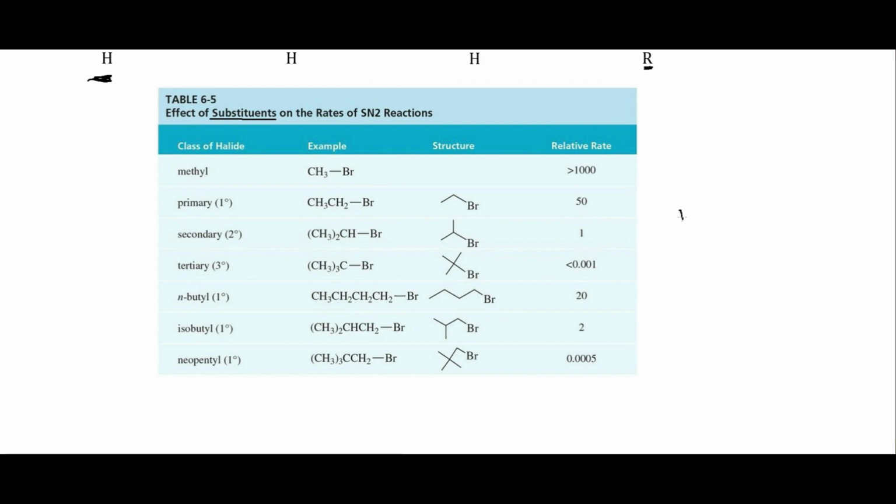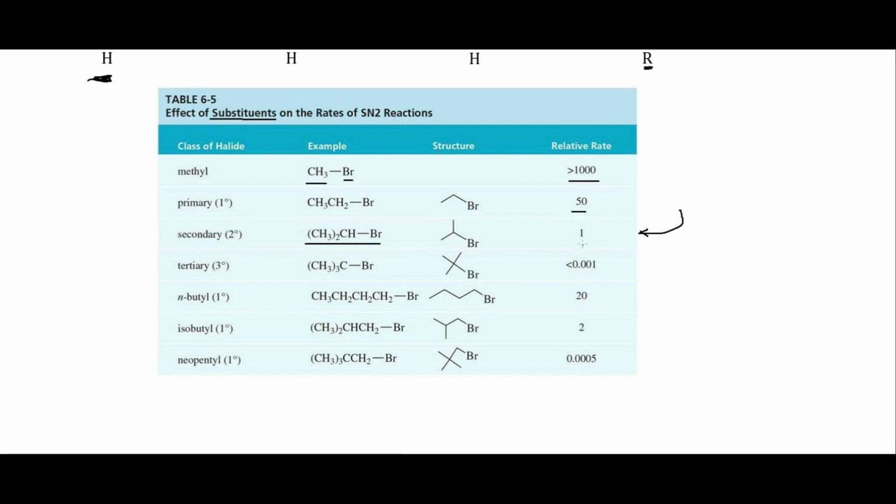And so if we normalize it to this one right here, so we call this secondary carbon 1, we see that on a primary carbon it's going to be 50 times faster. Then if we do it on a methyl group, so this methyl bromide here, it's going to be greater than 1,000 times faster.